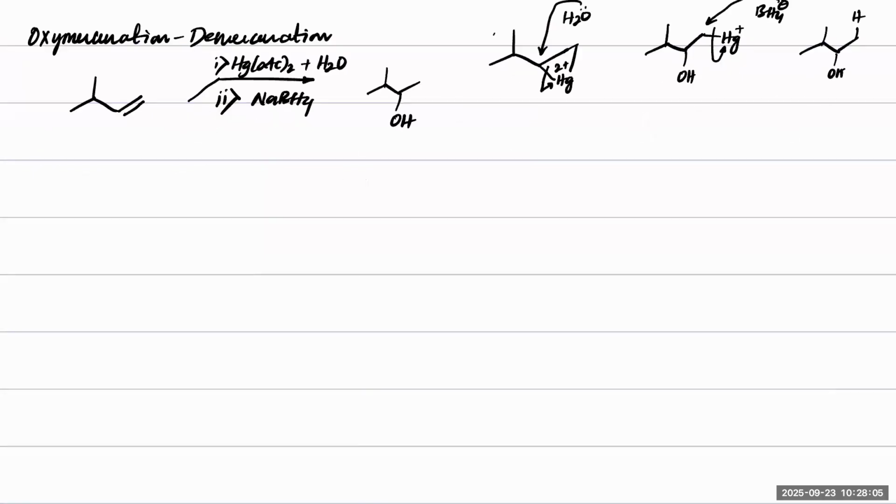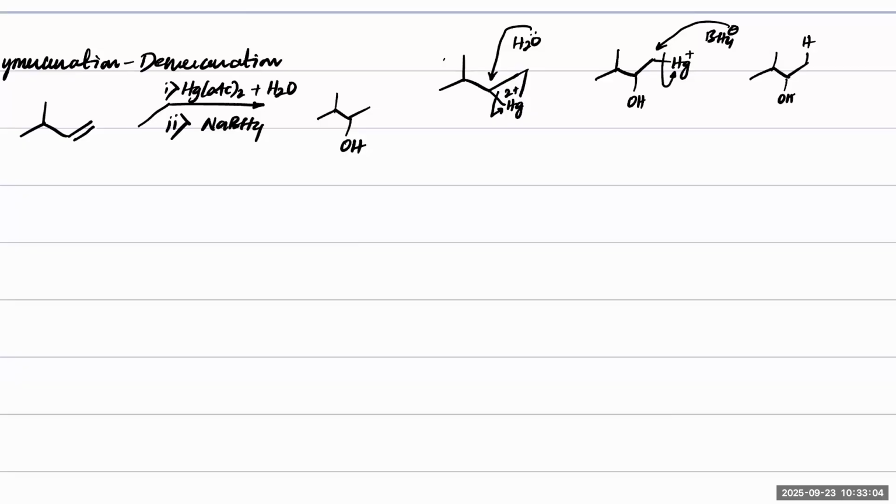So the important points that we need to note in this case: we will get this alcohol here. Check out what are the important points to be noted here. First thing, there is no carbocation and no rearrangement.